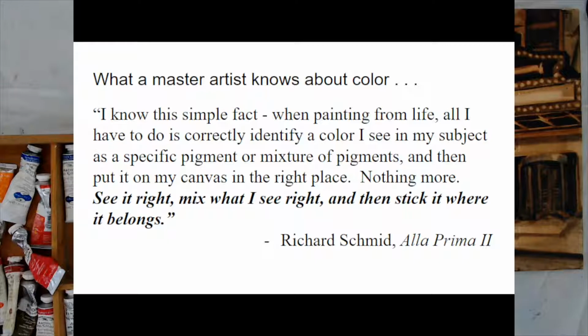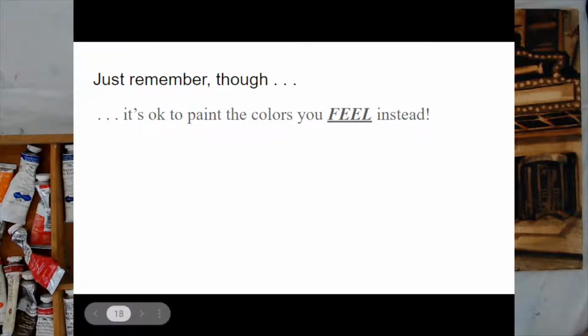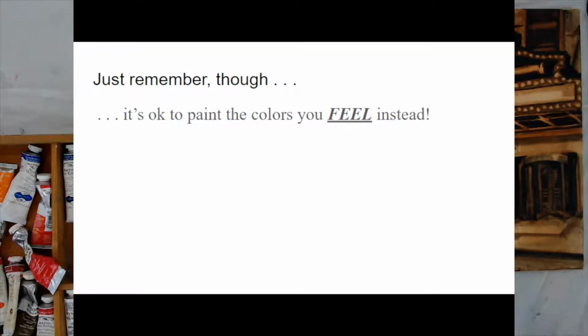The more you paint and the more you become familiar by mixing colors, you'll start to look at the world through the eyes of a painter, and want to try to predict, and that's really the best way to approach it. But I also say, just remember though, it's okay to paint the colors you feel instead too, and that's the beauty of knowing about the theory.